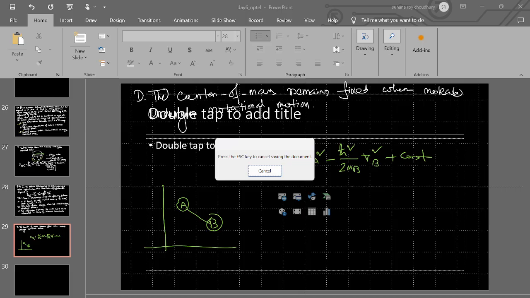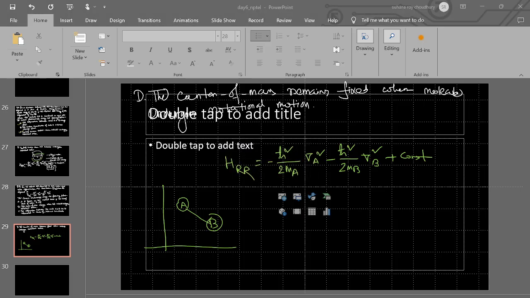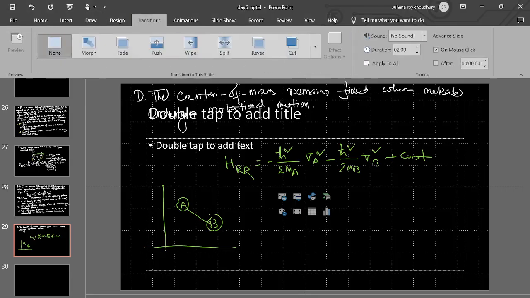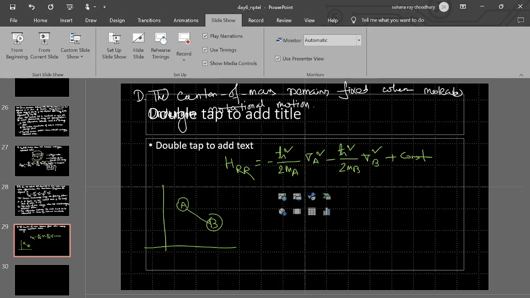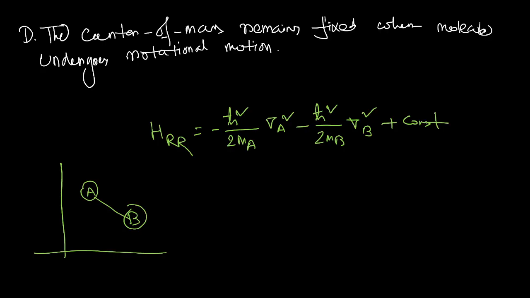This is the distance, that is R internal, and if there is a center of mass, this distance is from the center of mass. If the two masses are the same, their distances will be the same.